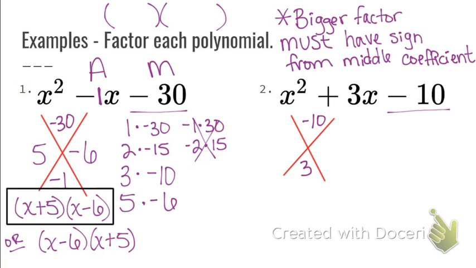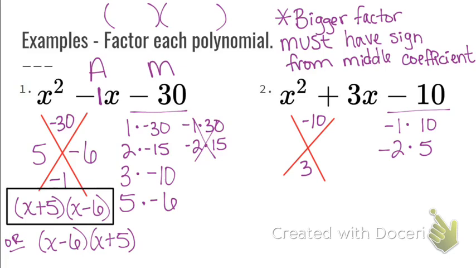All right, so when we look at our factors of 10, we have 1 and 10, we have 2 and 5. Our bigger factor must have the sign from the middle. So our bigger factor has to be positive. That means our smaller factors are going to be negative. So we look at this, we think, which one of these is going to add up to a positive 3?